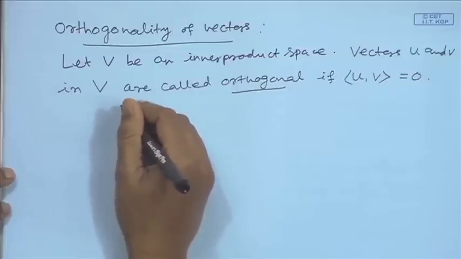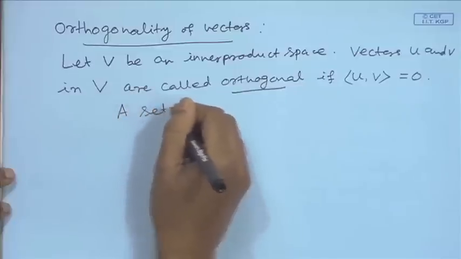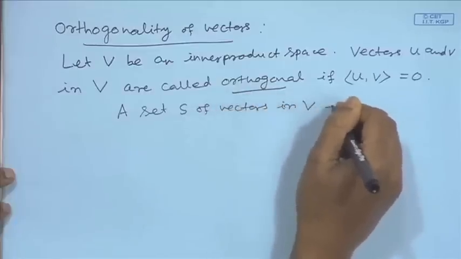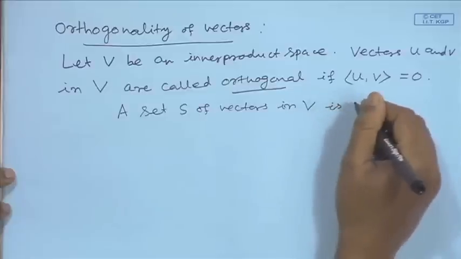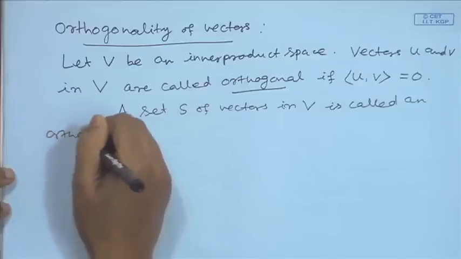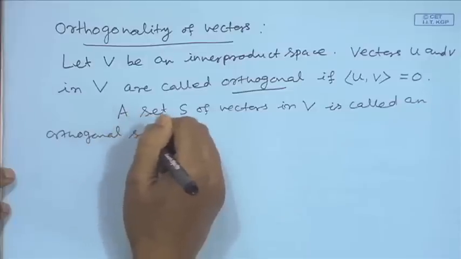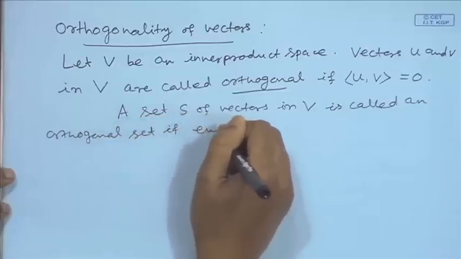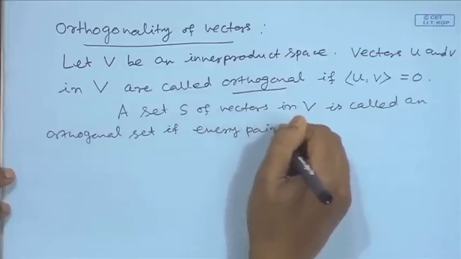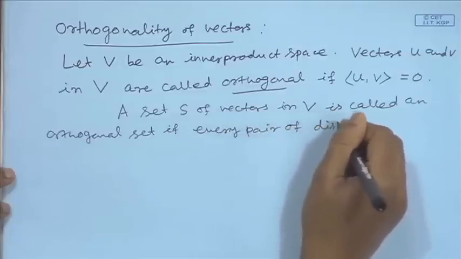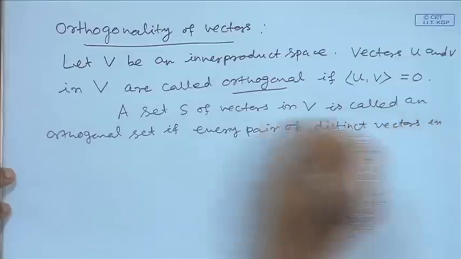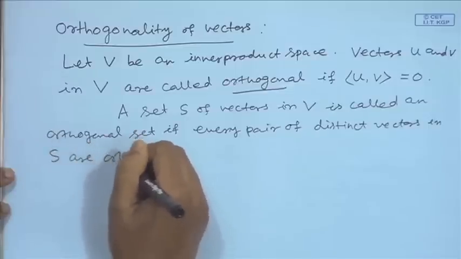We say that a set S of vectors in V is called an orthogonal set if every pair of distinct vectors in S are orthogonal.